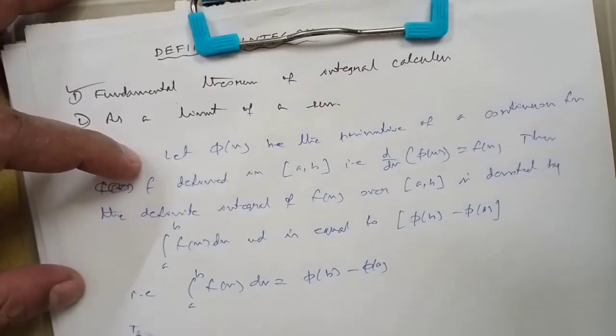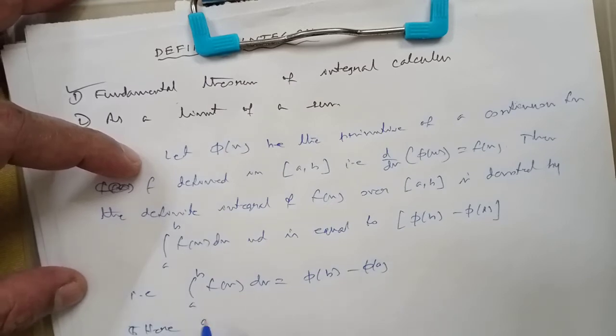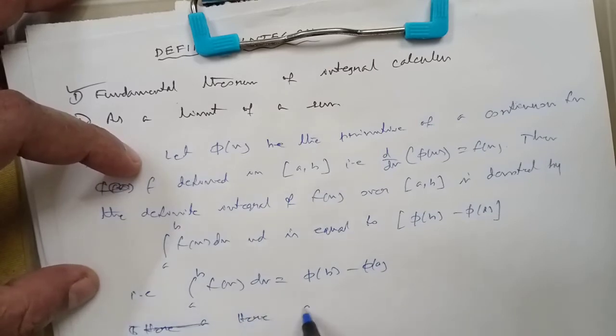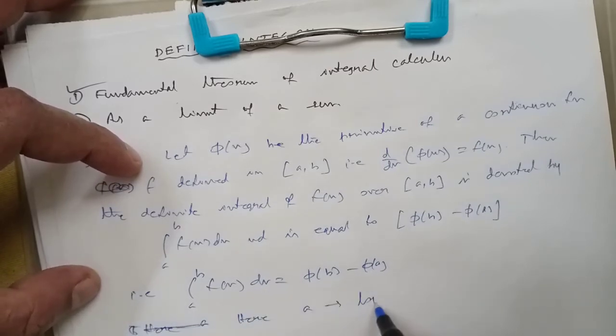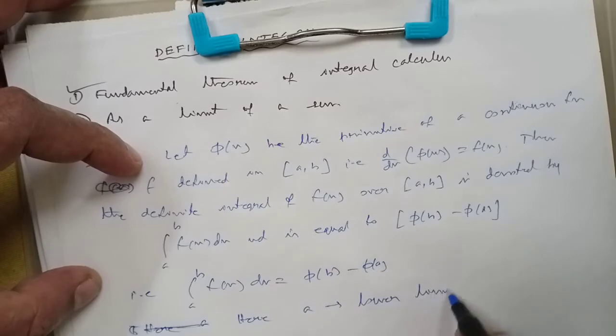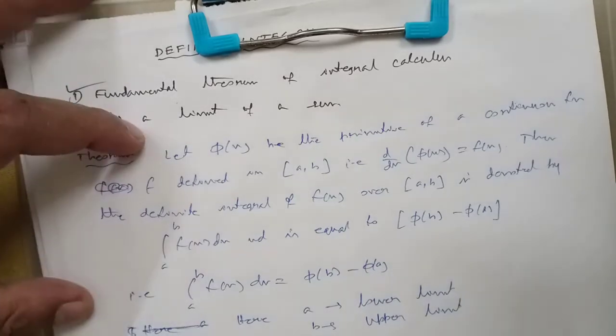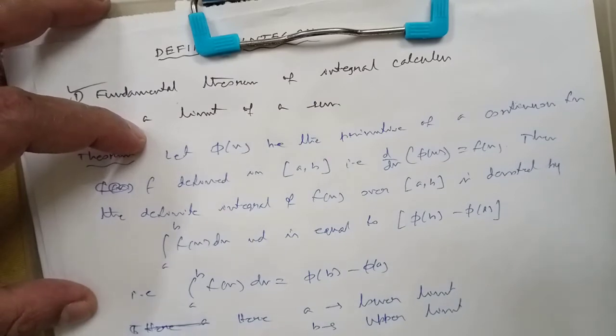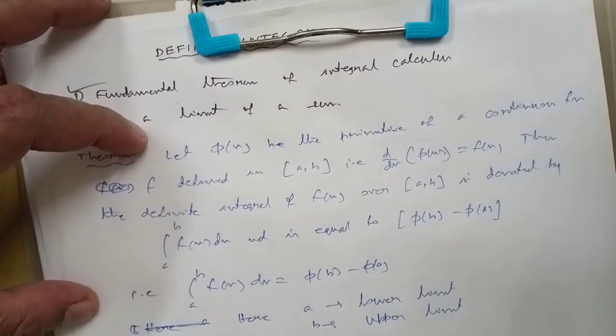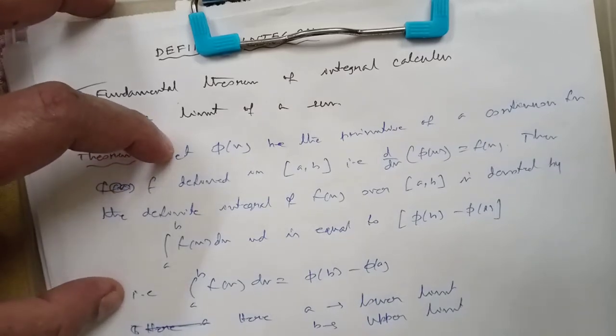Here a is called lower limit and b is called upper limit. And the interval ab is called interval of integration.